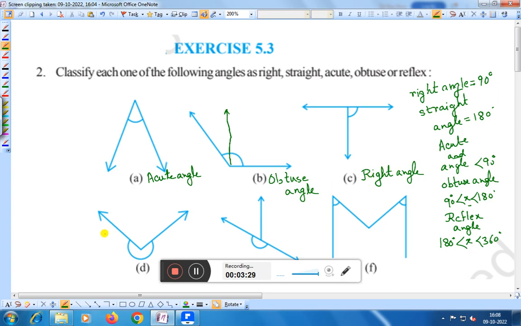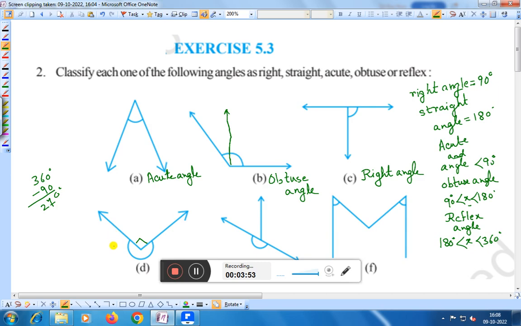Now, question number D. You see this angle, it is 90 degree. And this angle means 360 degree minus 90 degree, that is 270 degree.